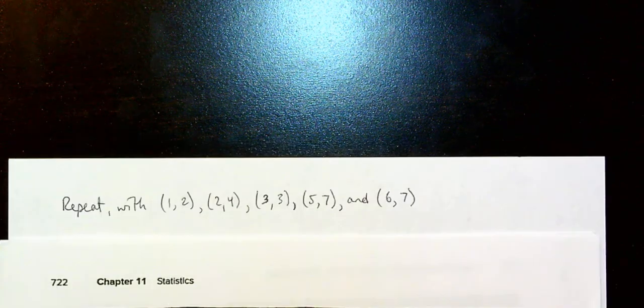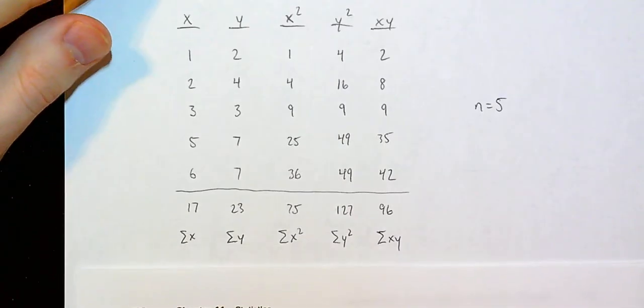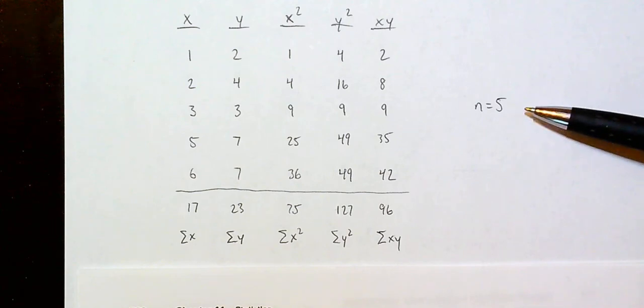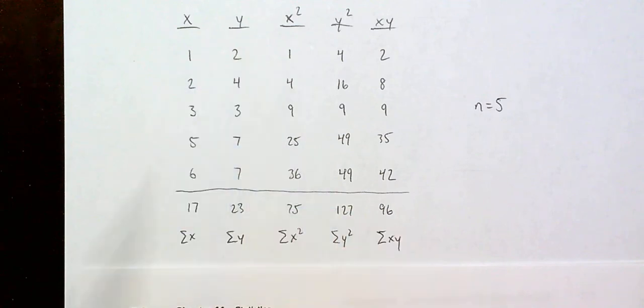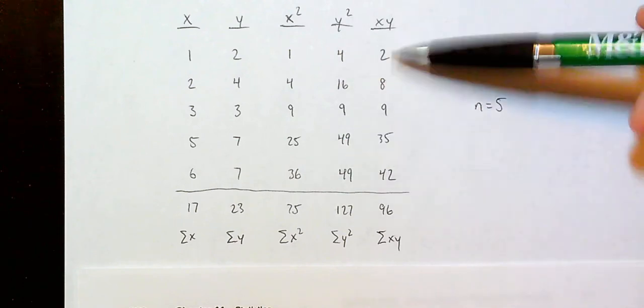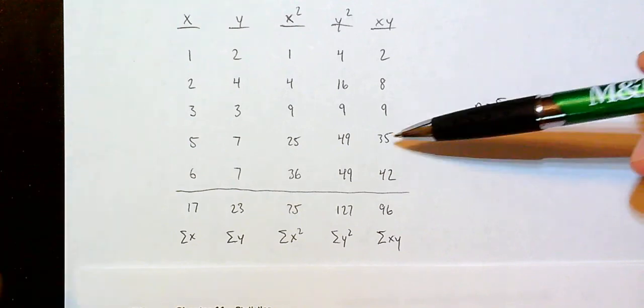All right, so let's see if you got your table correct thus far. This is what you should have here. N was the number of data points that we had. We were given 5 ordered pairs, so that is our n value. You see here I wrote the x and y coordinates for each of our 5 points, squared the x's, squared the y's, took the product of the x and the y values, and then I added every column.